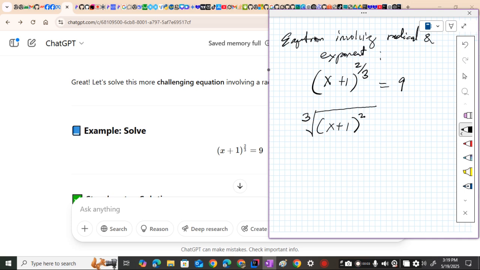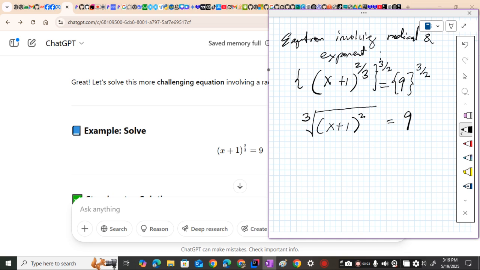Now, all we need to do to solve this equation is we have to raise everything, the left and the right side, by 3 halves. Why?